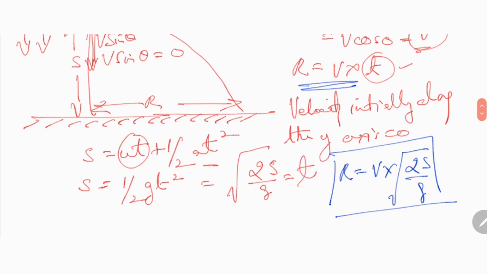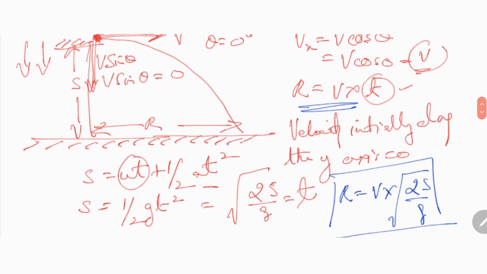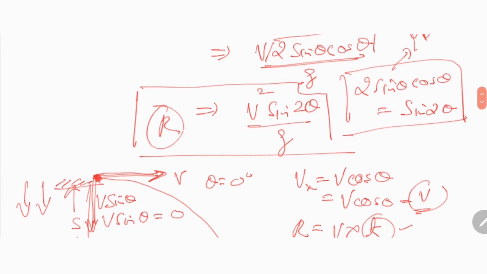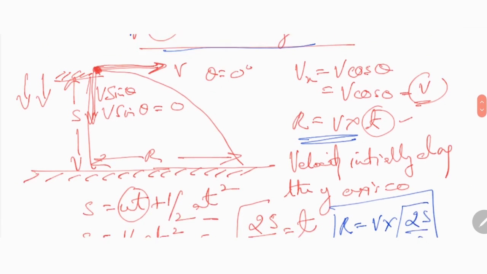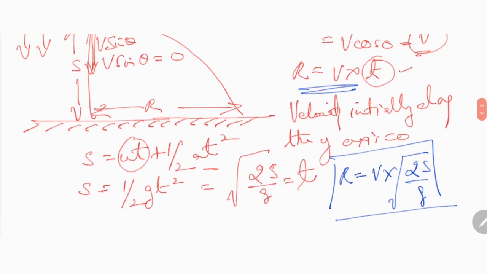And what I advise is, when you do problems on projectile, barring remembering a few formulas like this one, and possibly the time taken which we computed here, there is nothing much that you need to remember, because problems will be put to you in different ways. So you will have to use your basic core idea that velocity along this is constant, and velocity along this will change because it is a constant force acting downwards, which is equal to mg. So that's all you need to remember.